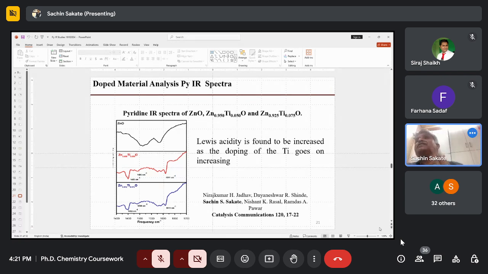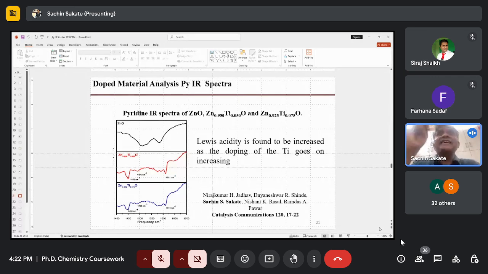This is the Catalysis Communications publication we have recently got, and you can see the studies where we have used zinc oxide as a support. Now this zinc oxide has the doped material titanium, with various different dopings, 0.5, 0.75, 0.9 weight percent on the zinc oxide, or we can change the different concentration or proportion of titanium.